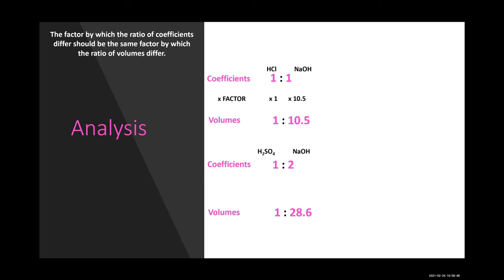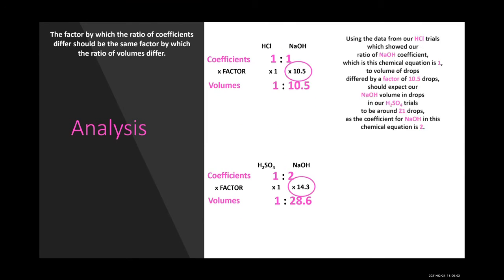And for our sulfuric acid trials, our ratios differ by a factor of 14.3, because we have 1 to 1 and 1 to 10.5, 1 to 1, and 2 to 28.6. So if you divide that 28.6 by 2, you get 14.3. So it's these numbers that we need to take a closer look at.